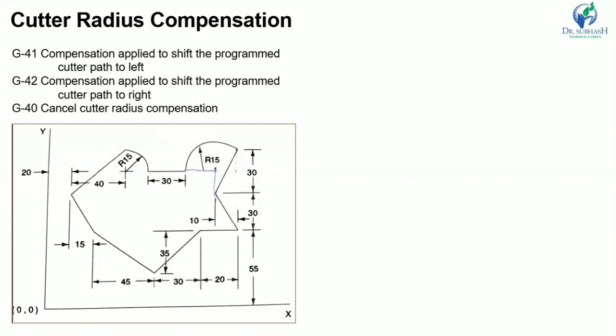The cutter path can then be shifted by using the relevant G code. Now, in this program, the cutter diameter is equal to 0 mm, that is, the programming is done as per the part drawing, and the diameter of the cutter available is 28 mm.